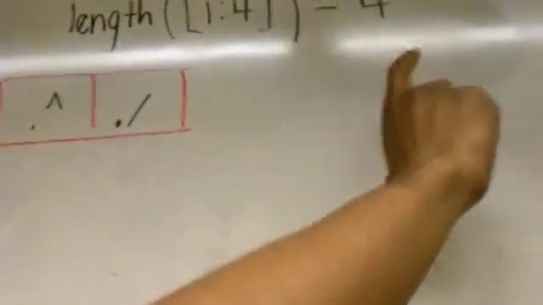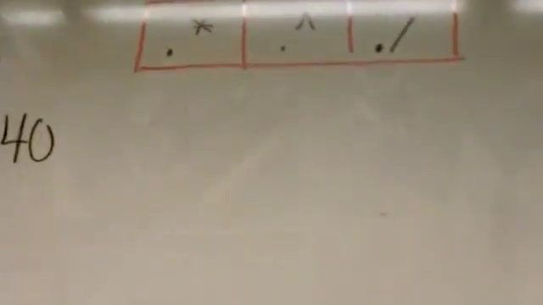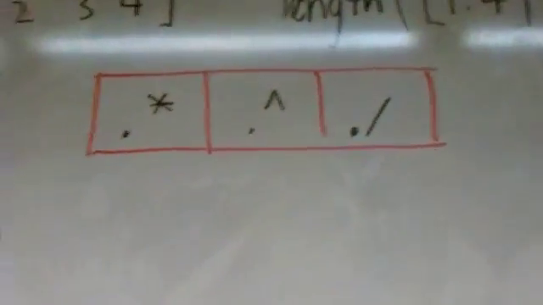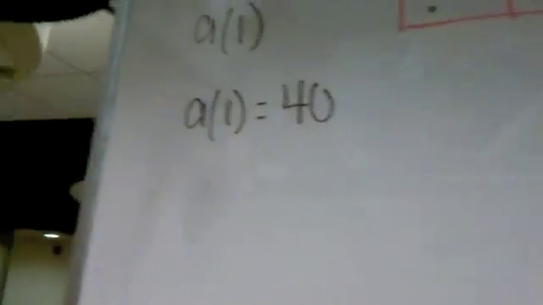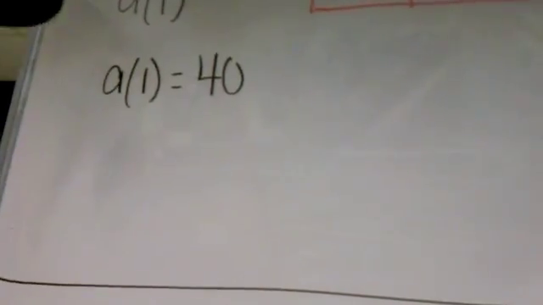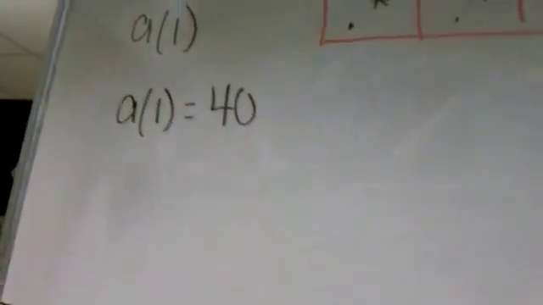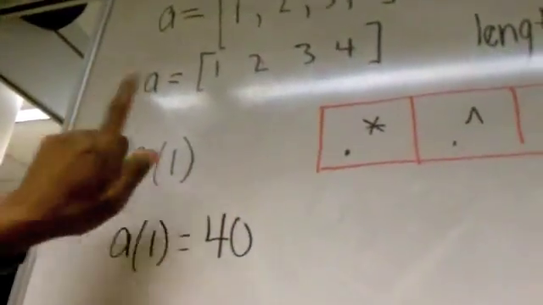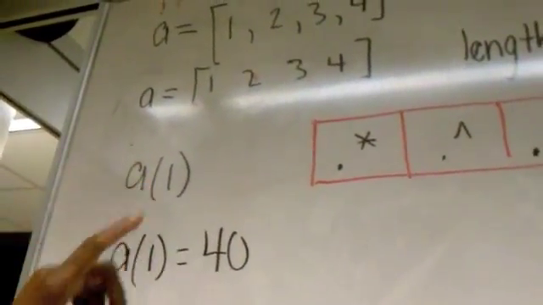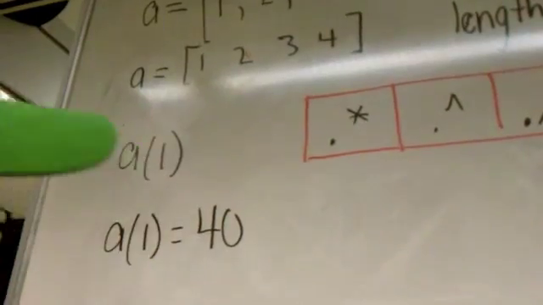The other thing that I wanted to show is something called indexing with your vectors. Let's say I wanted to get some element from my vector. Let's say I had a vector of length 4, and I wanted to get the first element of that vector, or the first thing that's inside of that vector.